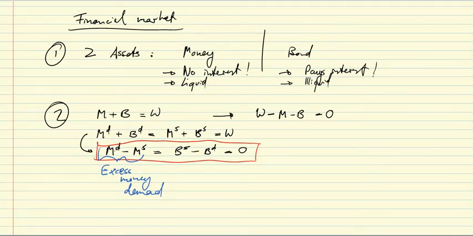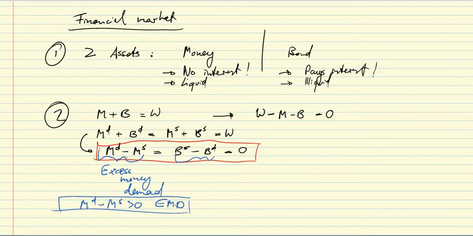If MD minus MS is positive, we have excess money demand. Now here, if that difference on the left hand side is positive, then for this equilibrium condition to hold, BS minus BD must be positive too. What is BS minus BD?